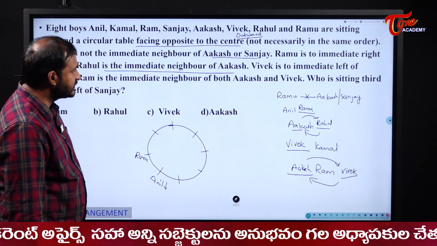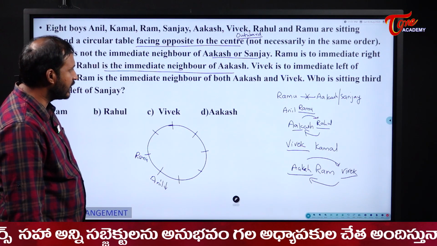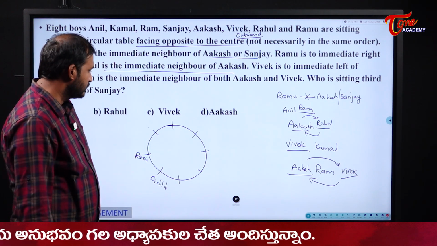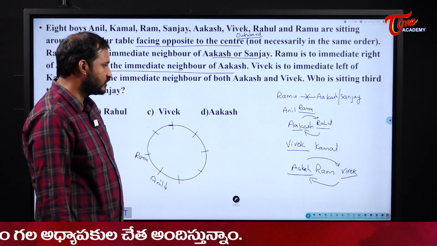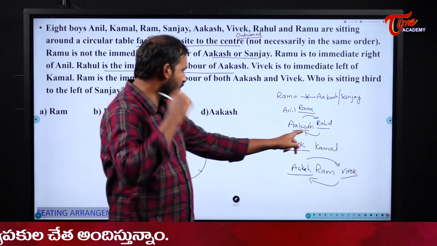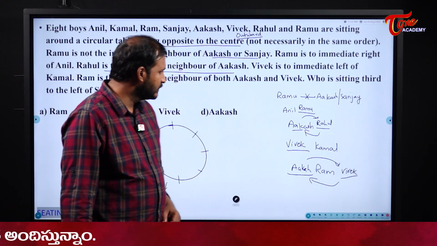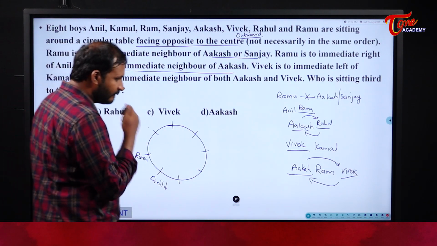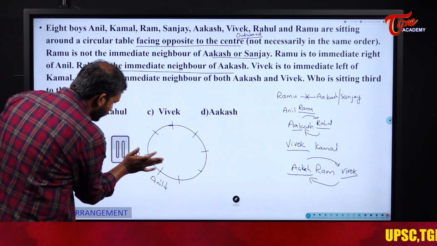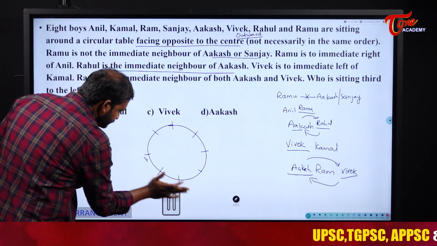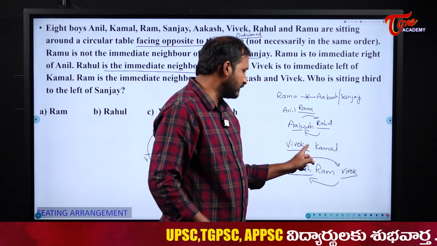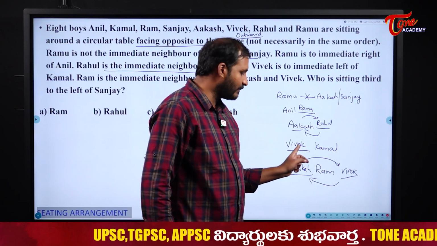So next, Ramu is not the neighbor of Akash or Sanjay, so I cannot put Akash or Sanjay here. Akash's one neighbor is Rahul, and the other neighbor is Ram, right? So instead of going with Ramu and Anil, observe here: Vivek's right side is Kamal, because Kamal's left is Vivek.